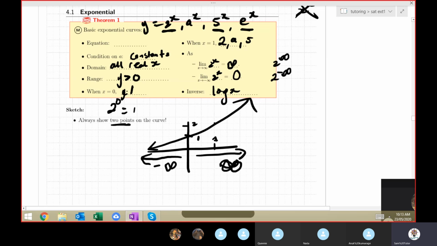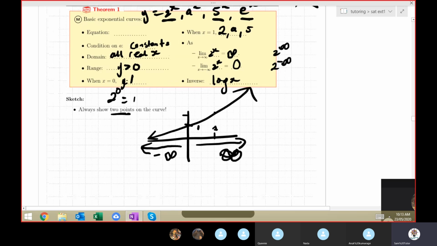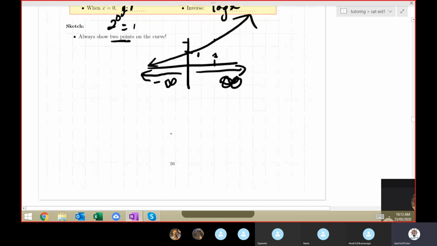Or if it was this curve, 5 to the power of 1, it would be at 5. If it was this curve, it would be at e, and so on. So the idea is usually we're going to sketch 2 points, and then that usually will tell us our y values, and if we've obviously drawn our graph right.